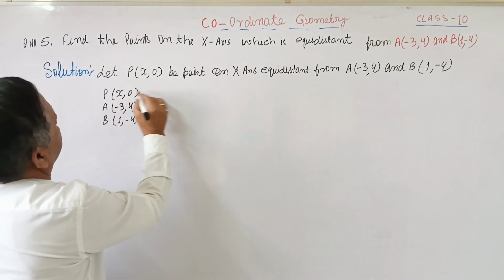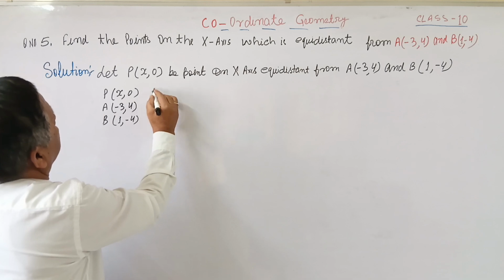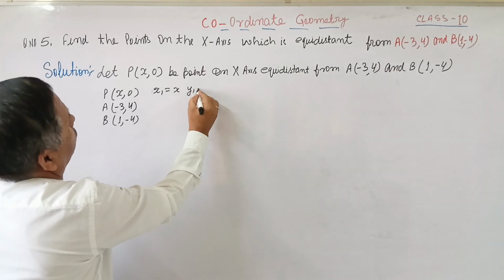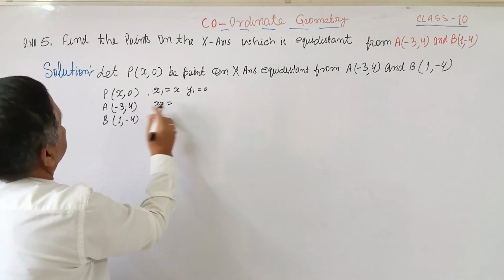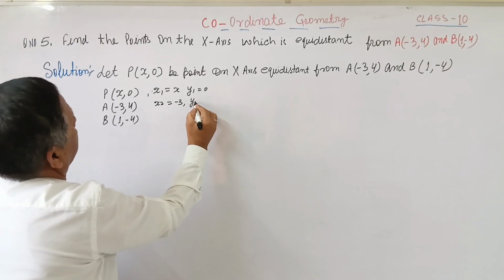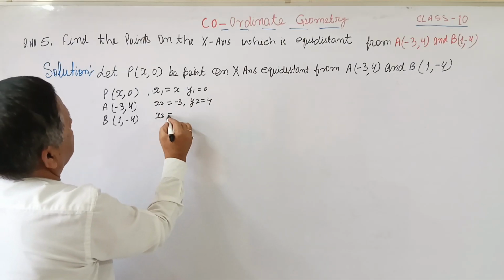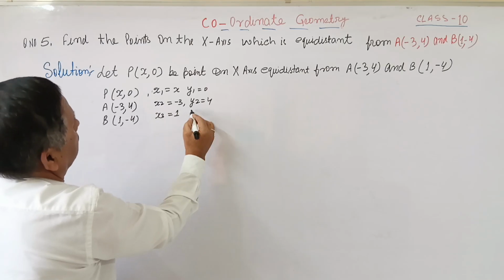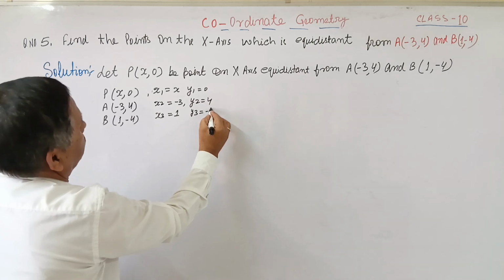So here we will write that x1 will be x, y1 will be 0, x2 is minus 3 and y2 is 4, x3 is 1 and y3 is minus 4.